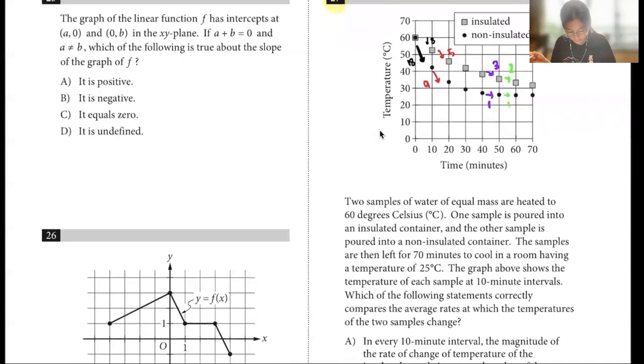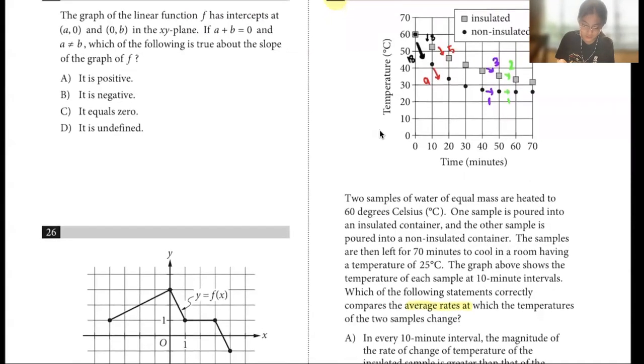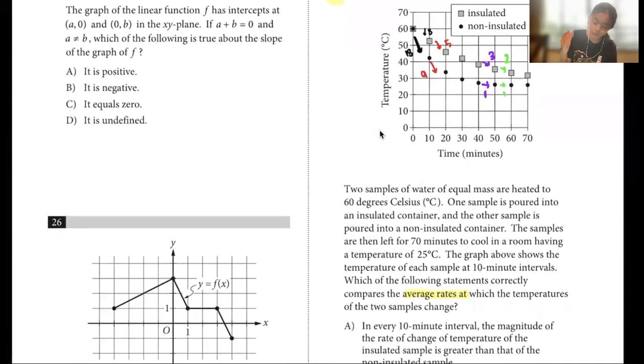Which of the following statements correctly compares the average rates at which the temperatures of the 2 samples change? So it's looking for how much it changes per 10-minute time interval.